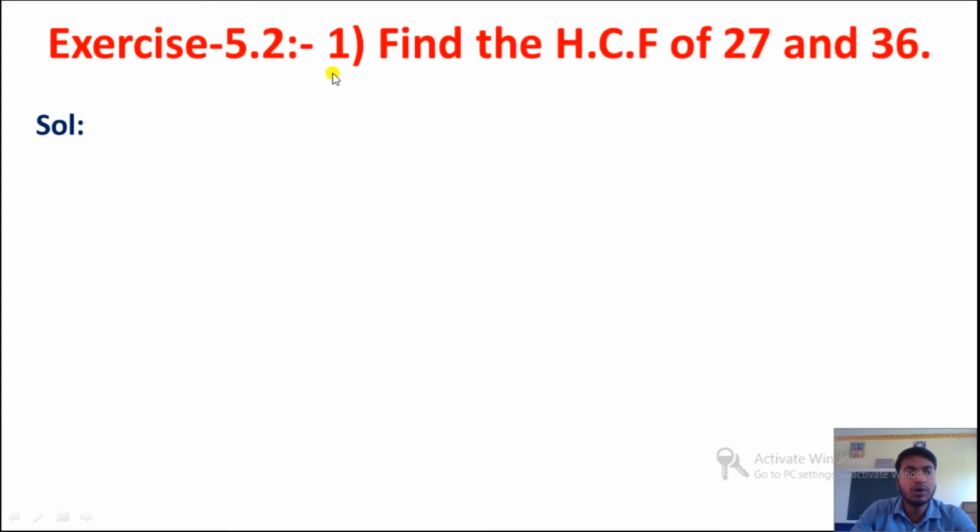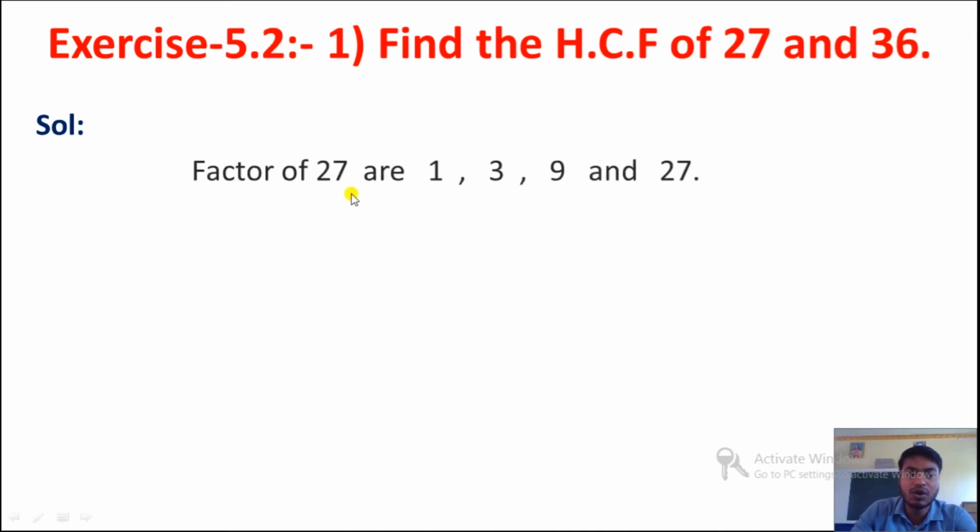Now question number 1 from exercise 5.2. Find the HCF of 27 and 36. So here we have the numbers 27 and 36 and we have to find the HCF using method number 1. Just now I have shown you, first we have to find the factors of the given numbers.